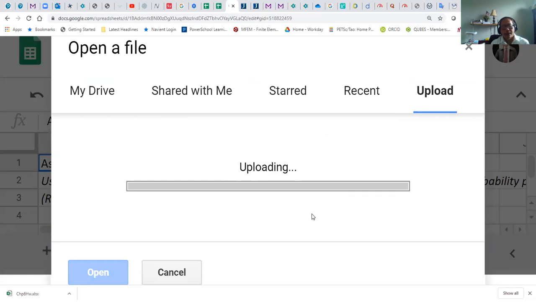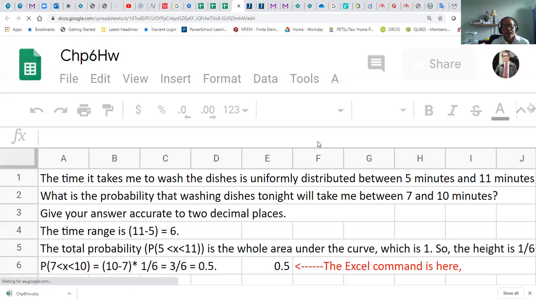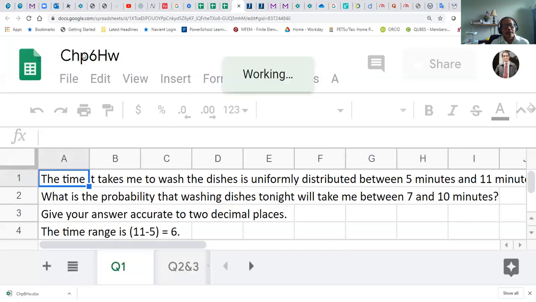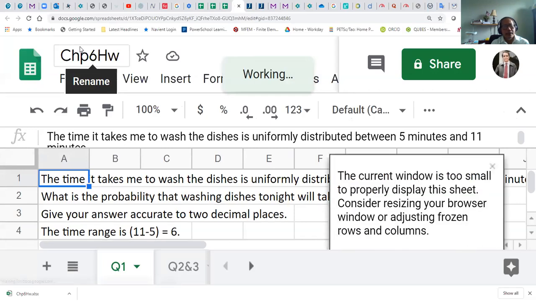I don't know why this is so slow here, maybe because the file is too big. Okay, here you go. This is the Excel for chapter 6 homework. It starts from question number 1.